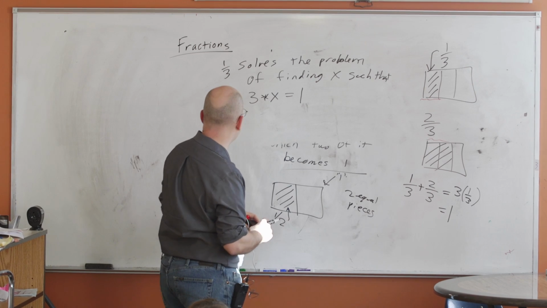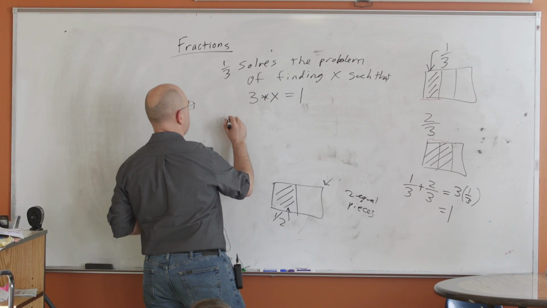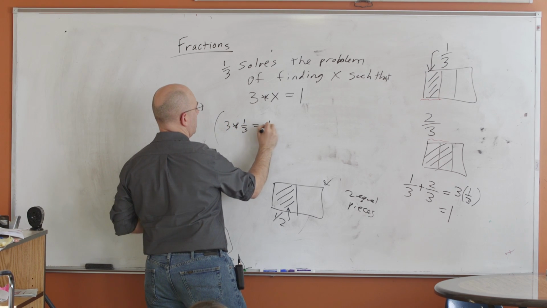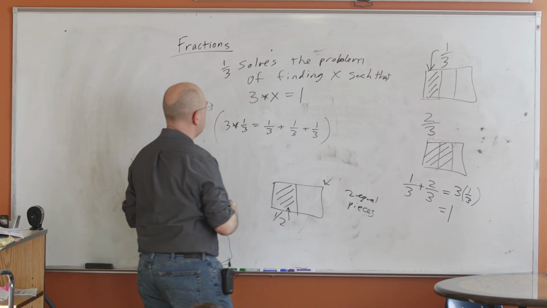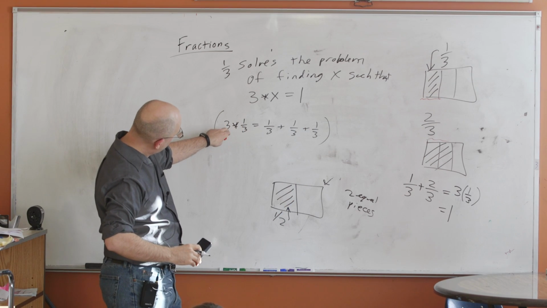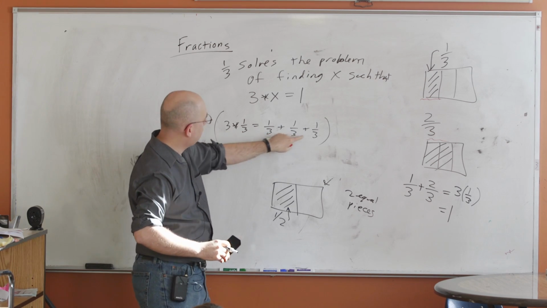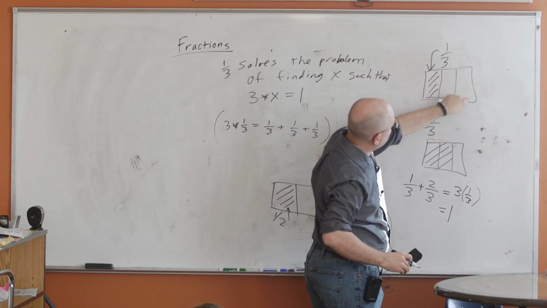And again, what does 3 times a third mean? In terms of addition, multiplication by this number is adding it to itself 3 times. It's taking 3 of these segments, adding them together, and you get 1.